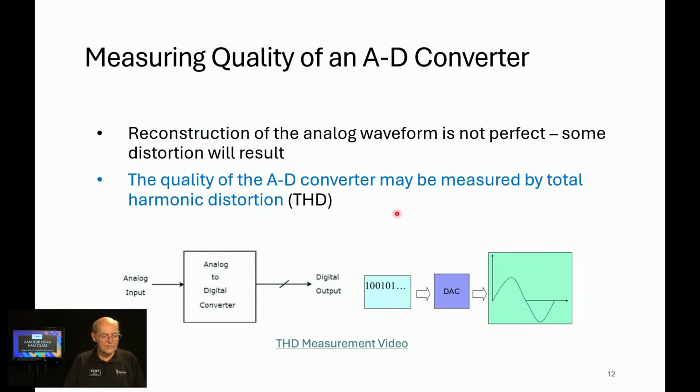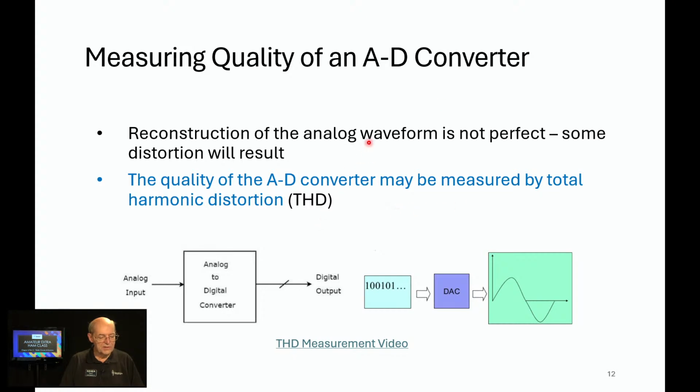Now, you may have heard of total harmonic distortion in terms of stereo specifications. That's a really big deal. They like your audio to be as clean as possible if you're listening to your favorite music. And it's down in tenths or even hundredths of a percent total harmonic distortion on the best equipment.